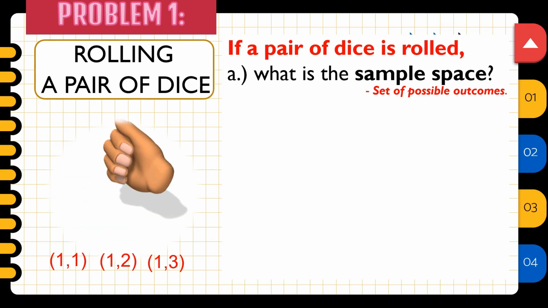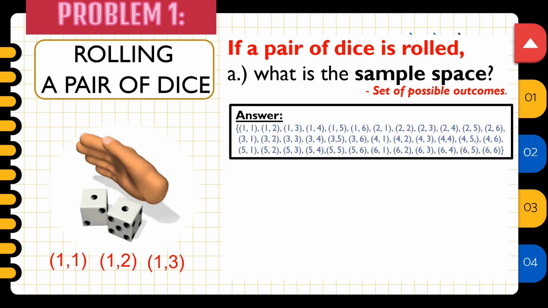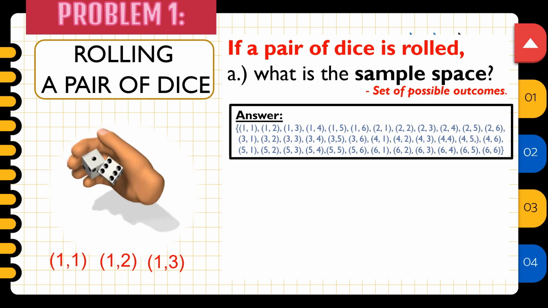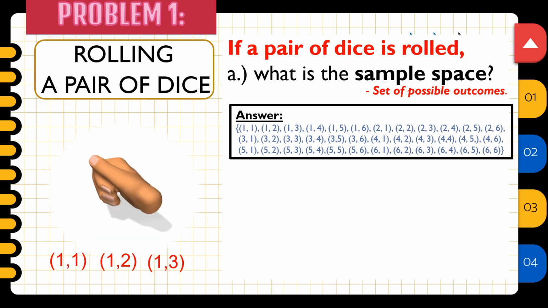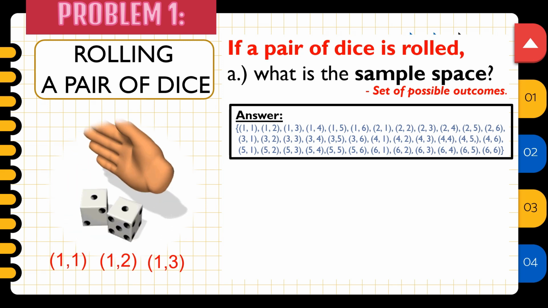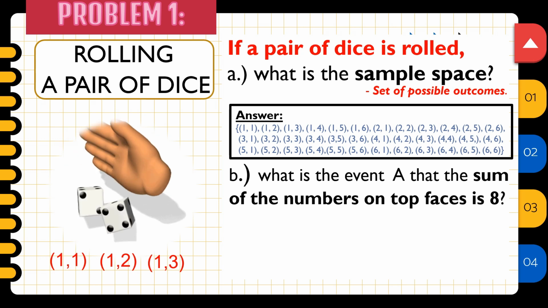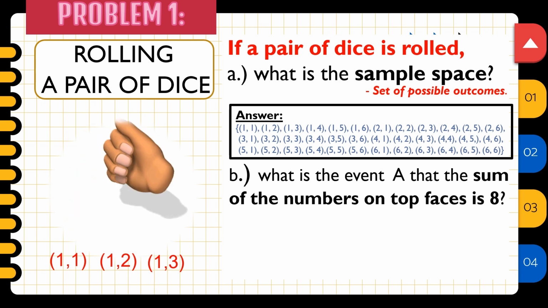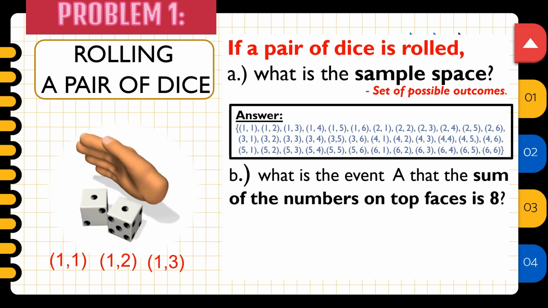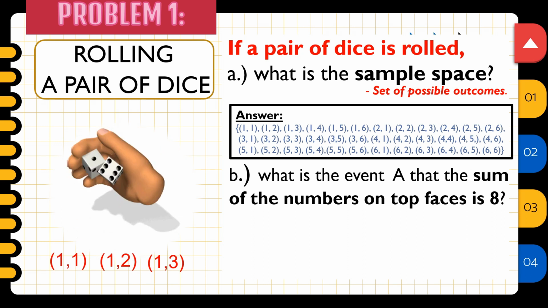Now to give you the complete list of our sample space, we have this one. Okay, I hope you're getting the same thing as what we have in our list. Now let's proceed to letter B. What is the event A that the sum of the numbers on the top faces is 8?